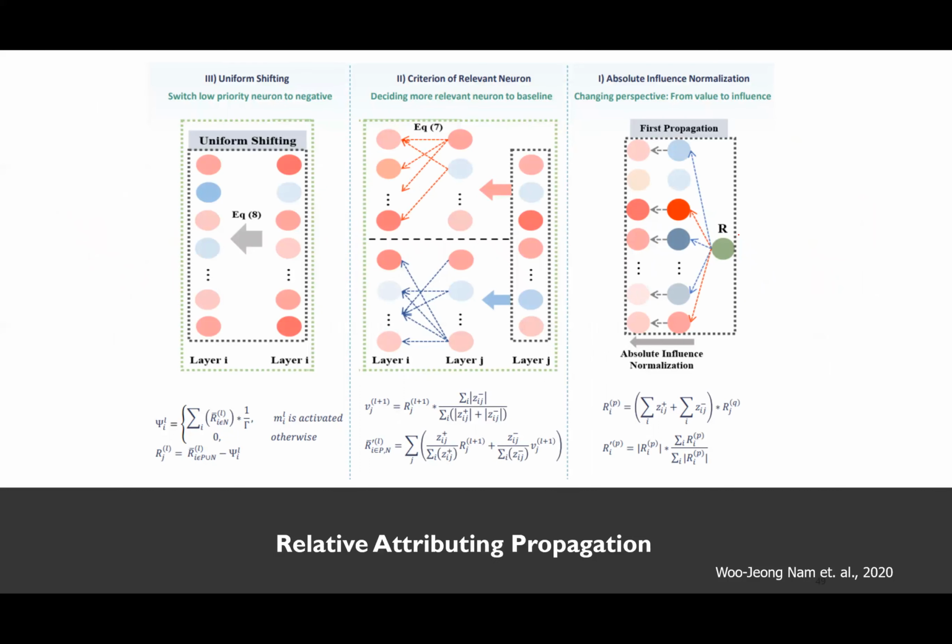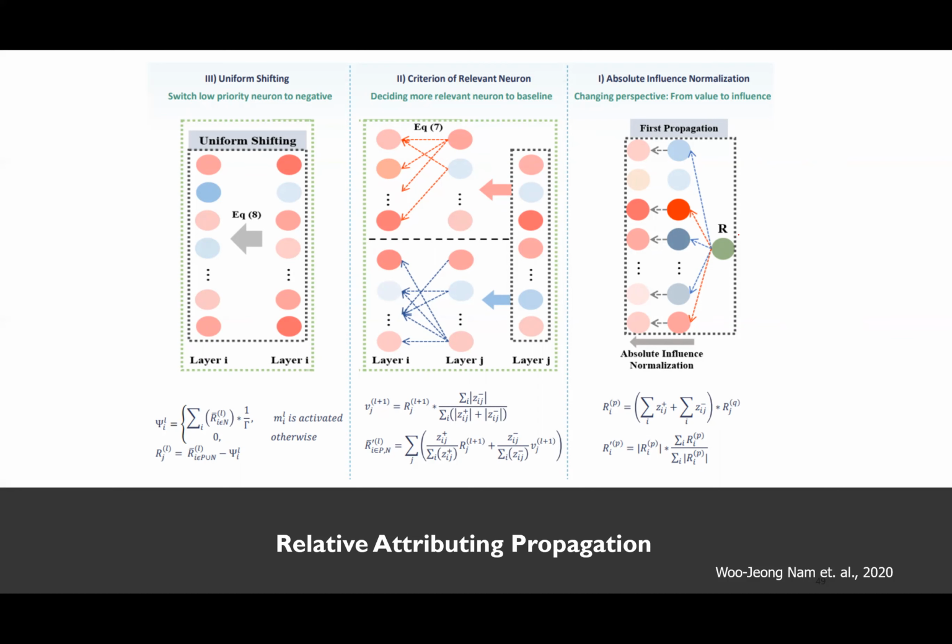Recently, another method was proposed called relative attribute propagation, which was written with my colleague. The heuristic behind this idea is simple. As we have seen here, most of the negative and positive contributions are concentrated on the object.